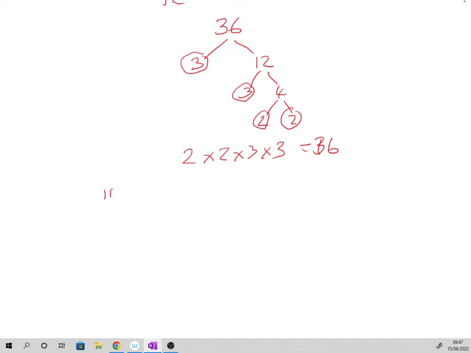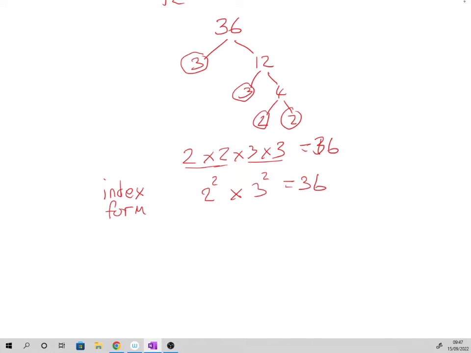And you can write these out, as you will be asked to do in an exam, in index form. What you're basically doing is tidying up all the pairs and triplets that you can see. So that could be written as 2 squared, and that could be written as 3 squared. So 2 squared is 4, 3 squared is 9, 4 times 9 equals 36.